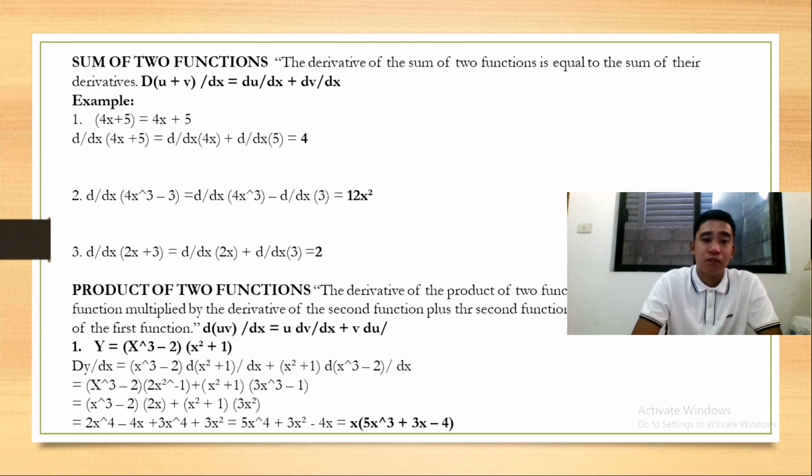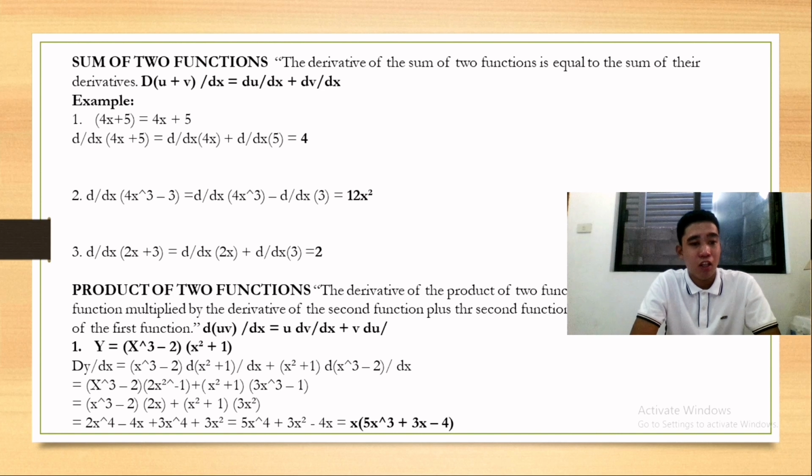Sum of two functions. The derivative of the sum of two functions is equal to the sum of their derivatives. d of (u plus v) over dx equals du over dx plus dv over dx.